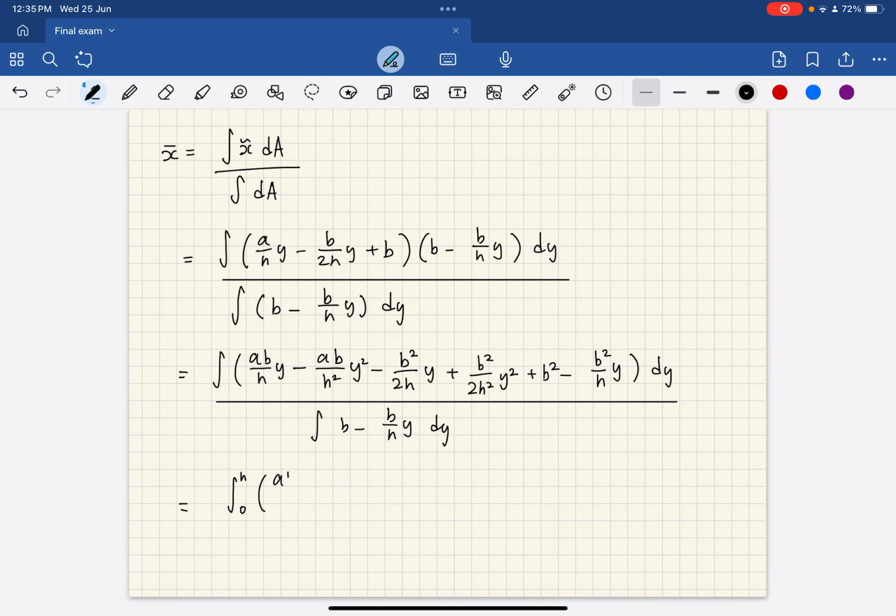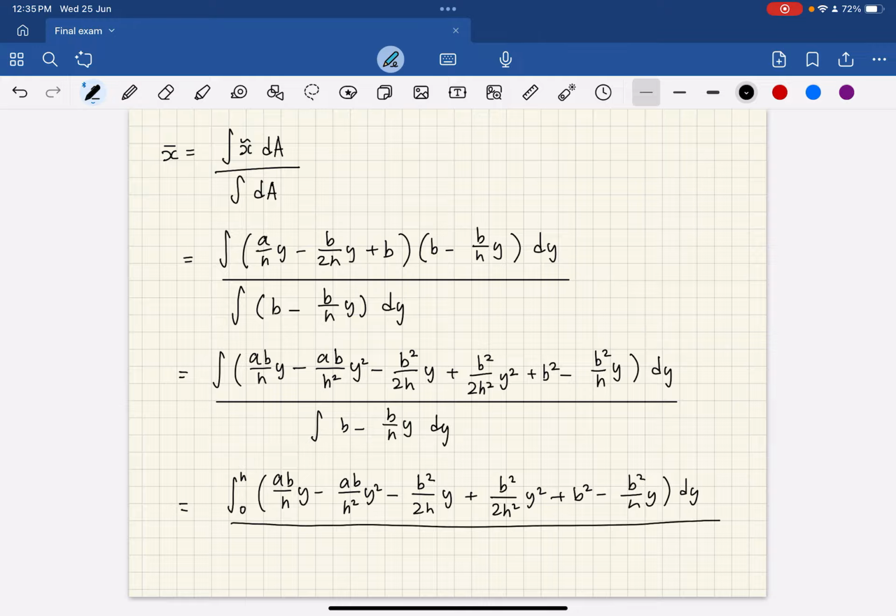And then we have here a over b hy minus ab over h squared y squared minus b squared over 2hy plus b squared over 2h squared y squared plus b squared minus b squared over h y with respect to dy. And then, okay, integral h to 0 of b minus b over h y with respect to dy.